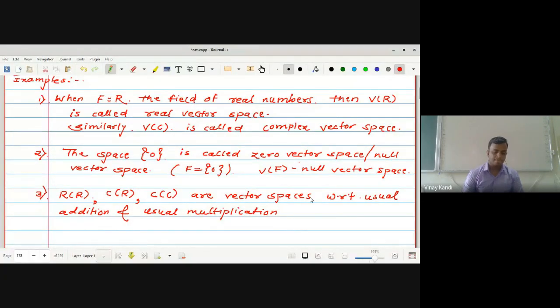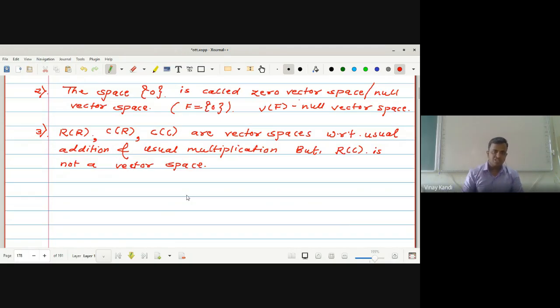But R over C is not a vector space. Why? Which condition fails here?